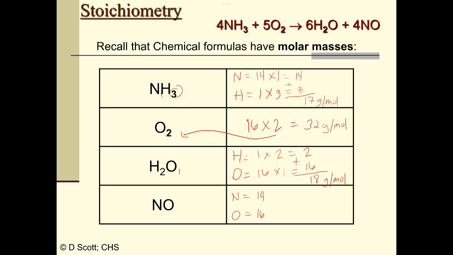Nitrogen has 1 atom and oxygen has 1 atom, so we will multiply each by 1. So 14 times 1 will be 14, and 16 times 1 will be 16. With this, we're going to add them. This will give us 30 grams per mole. And that's how you get the molar masses of each compound.